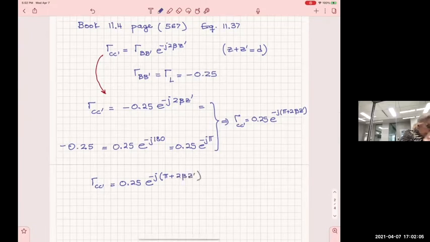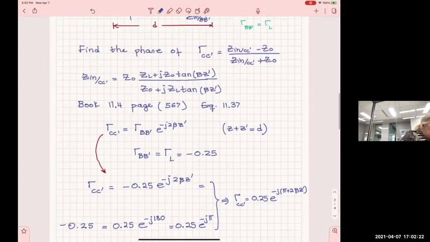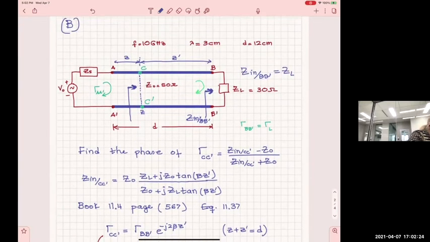Now, let's check it out. At the load, what do we have? Z prime equals 0 when we are at the load. You remember? If I move from here to the load, my z prime becomes 0.